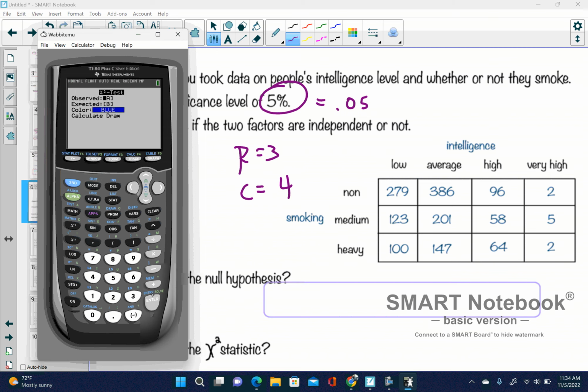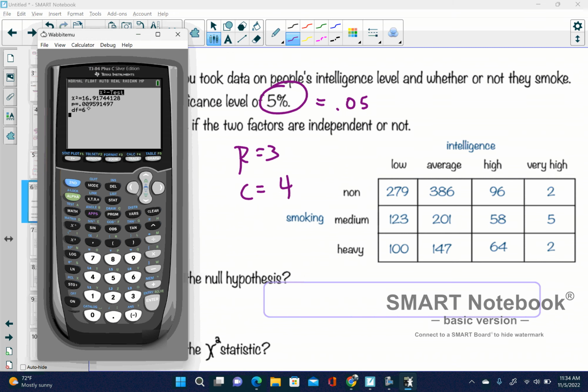You're going to leave all of this the same. This is our observed, which is what we just typed in under A. Your B, you can leave as expected, and then you hit calculate. It's going to give you the 3 values. So it's telling us that chi-squared is 16.917, the p-value, and it gives you the degrees of freedom.